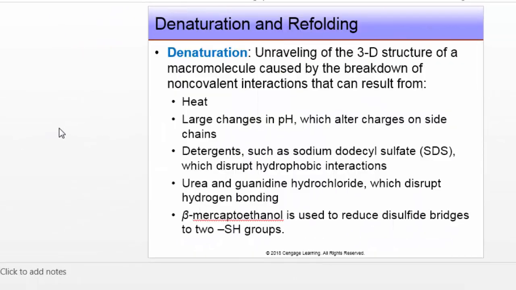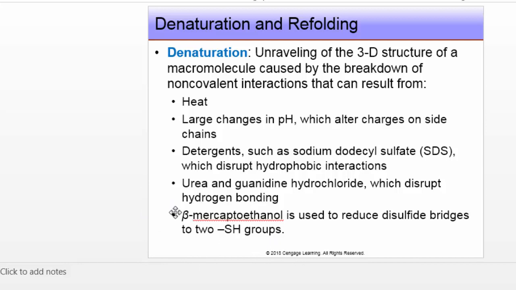Now let's talk about the concept of denaturation and refolding. Denaturation refers to the unraveling of the three-dimensional structure of a macromolecule caused by the breakdown of non-covalent interactions that can result from heat, large changes in pH, which alter charges on side chains, detergents such as sodium dodecyl sulfate, which disrupt hydrophobic interaction, urea and guanidine hydrochloride, which disrupt hydrogen bonding.